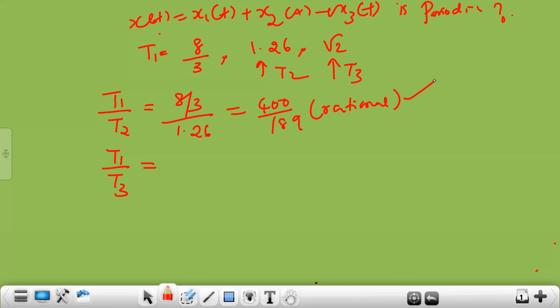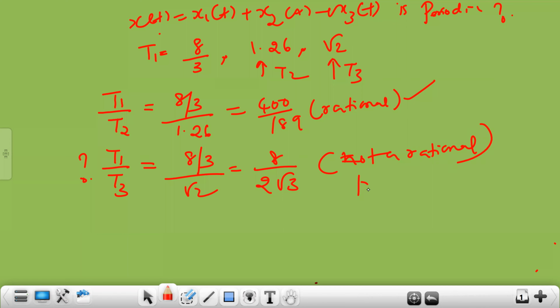But even though this T1 by T2 is rational, at that particular point of time we are not going to decide whether the signal is periodic or not, because we need to find the other ratio as well. The other ratio is 8 by 3 divided by root 2, which is 8 divided by 3 root 2, which is not a rational number, or it is an irrational number.